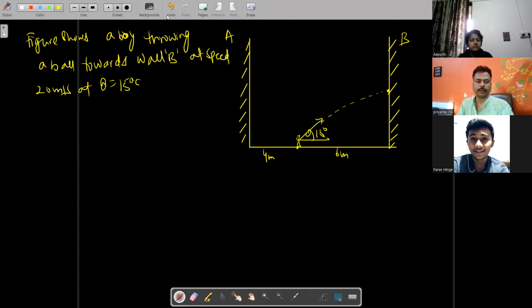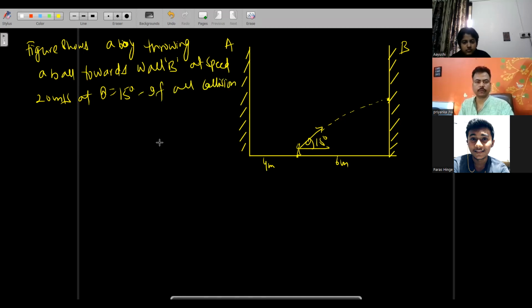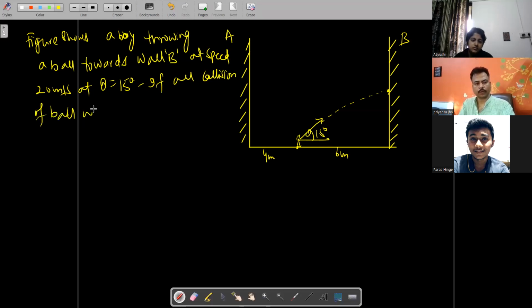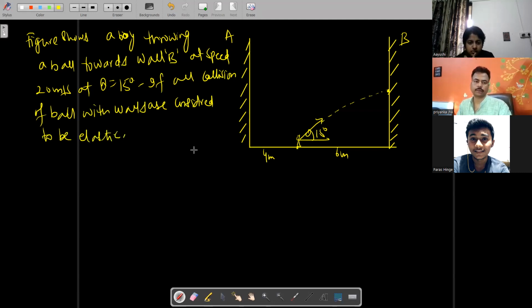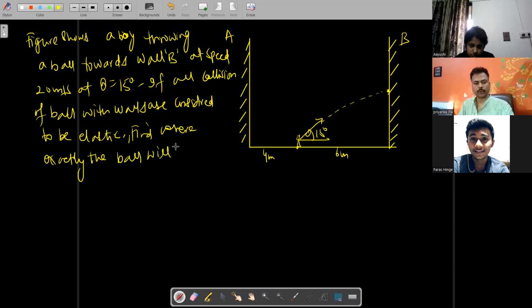Theta is 15 degree. If all collisions of the ball with the walls are considered to be elastic, find where exactly the ball will finally land on the ground.